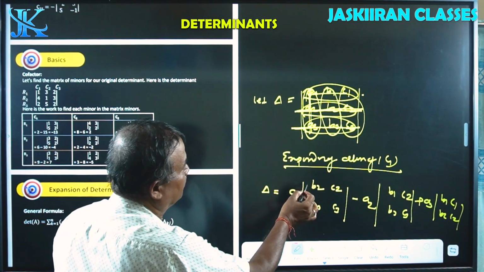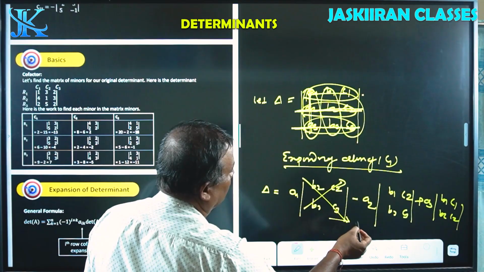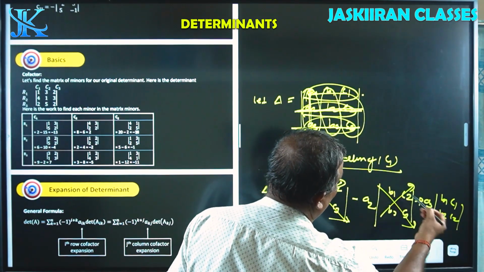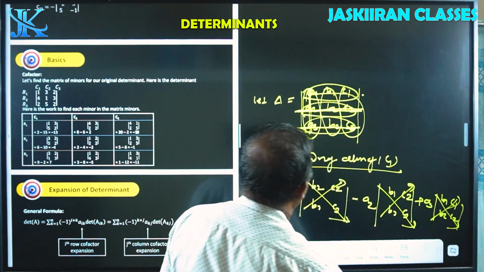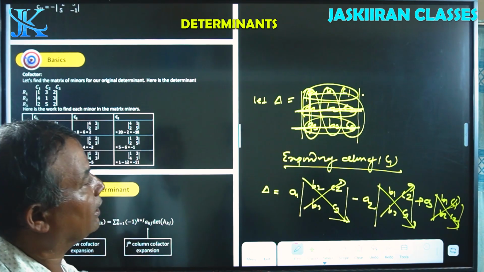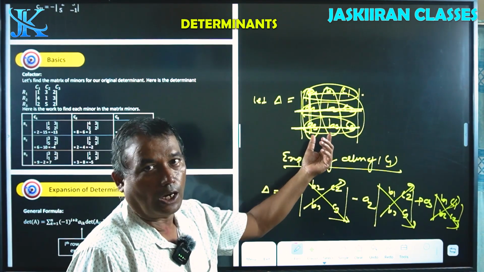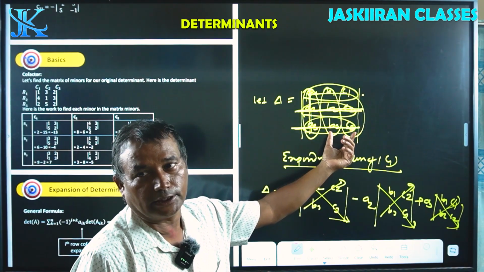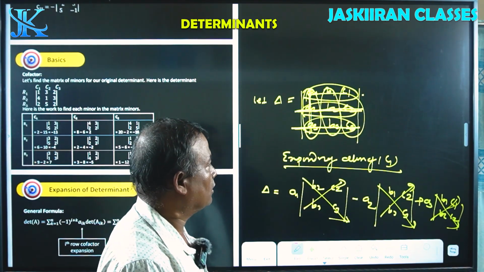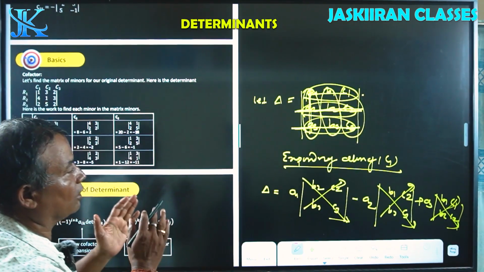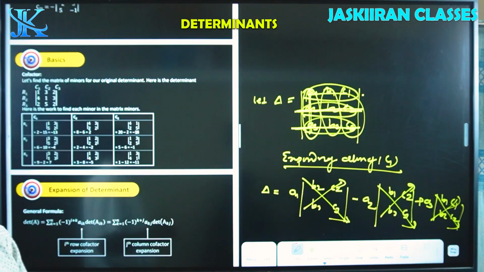Then each is principal diagonal minus secondary diagonal. We get the expansion along C1. Similarly, expanding along C2 and C3. These are our second order and third order determinants.